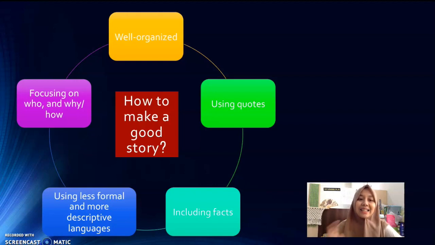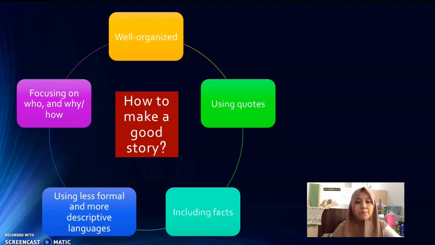Next element is that you may want to make sure that your feature story uses less formal and more descriptive language. By more descriptive language, it means that you may want to describe the person in detail, including the physical appearance or the characters, the habits that they're doing.